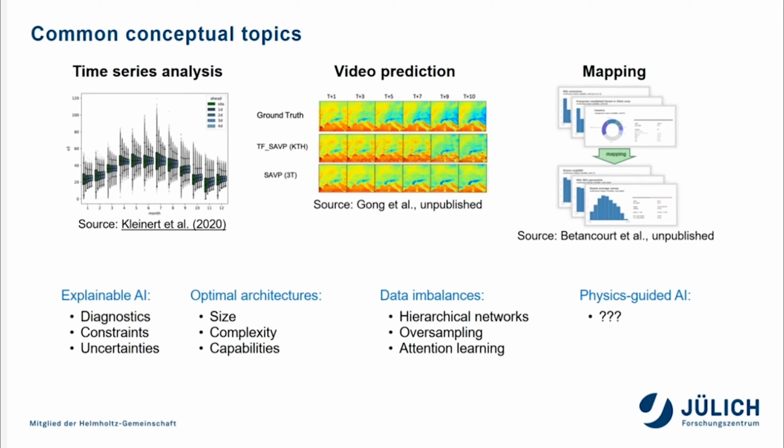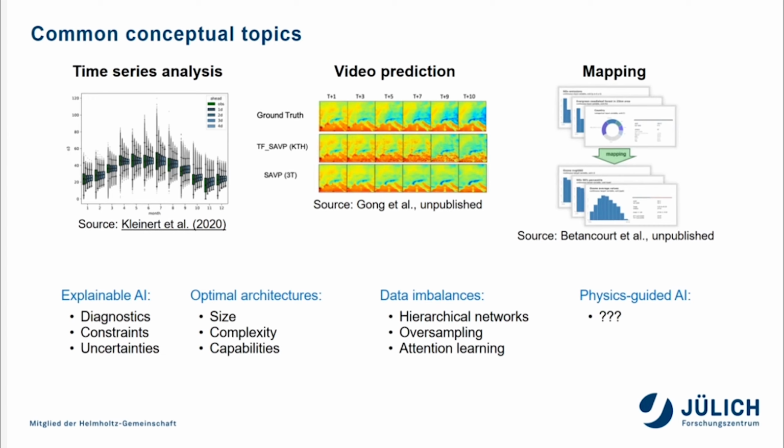There are studies that try to use oversampling to get rid of imbalances, or there is some potential in these new methods called, for example, attention learning, which allow you to learn certain rules from very few samples in the input data.